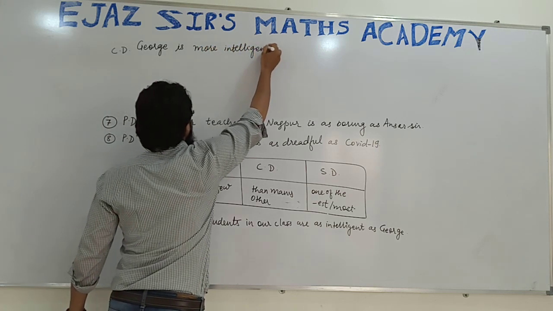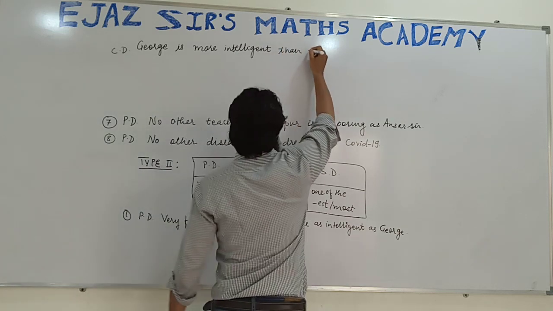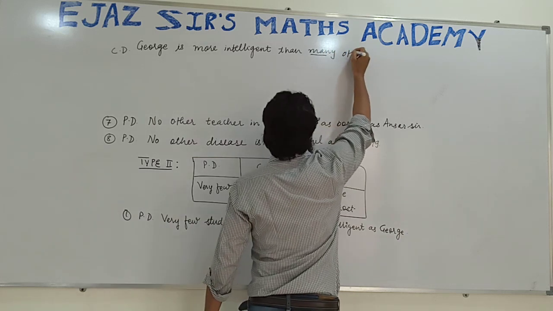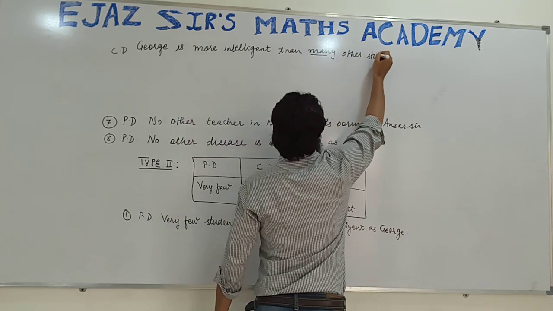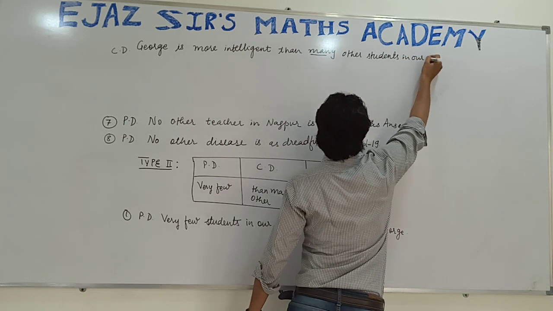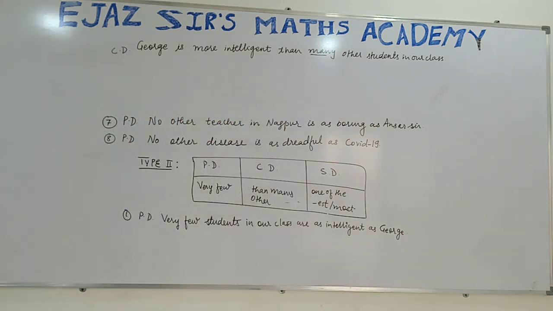George is more intelligent than many other students in our class. Many other students in our class. George is more intelligent than many other students in our class.